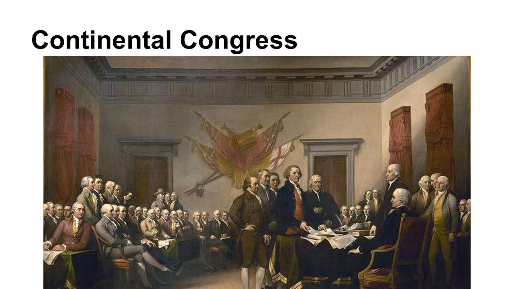You have individuals from all of the colonies, and they are gathering, namely in Philadelphia, to discuss what the colonies should do. And essentially, these colonies are deciding that we need to have independence.